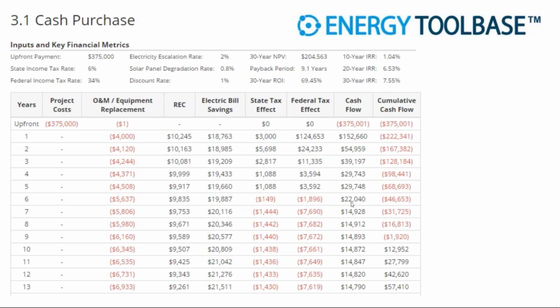So it's very important to develop clearly defined, transparent, easy to understand cash flow models of these systems. And luckily, there's software out there to help you do that.